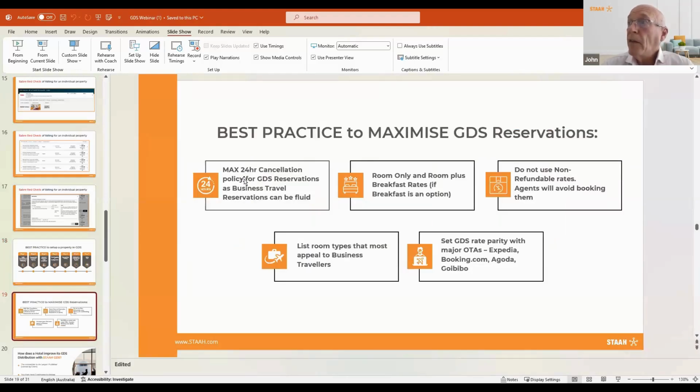What is best practice to maximize GDS reservations? This has involvement from us and from our hotel partner. One of the things that has become increasingly apparent since COVID restrictions have been removed is that business travel is a very fluid type of reservation.